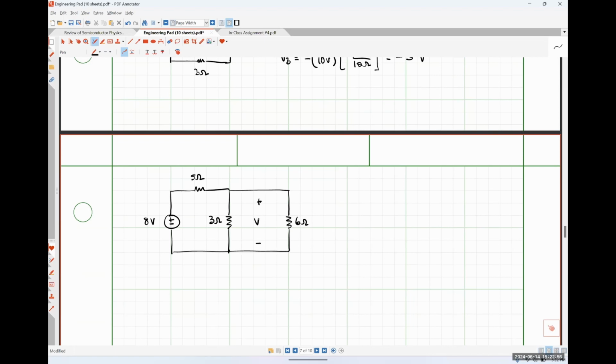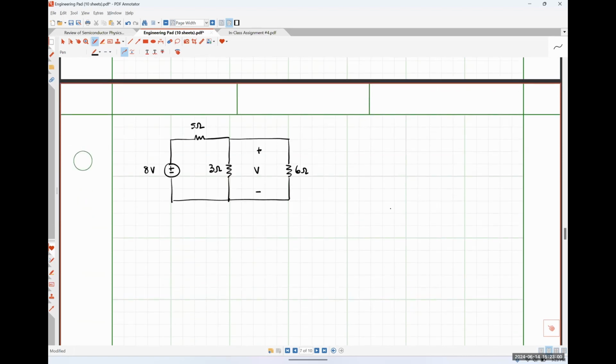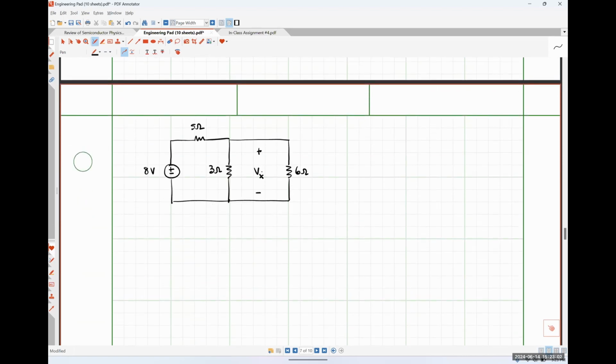Instead, we could apply voltage division to this network. Okay, so let's call this Vx. So to me, we could say that Vx is, so our known voltage is 8 volts. The resistance that we're trying to find the voltage drop over is the parallel combination of 3 and 6.